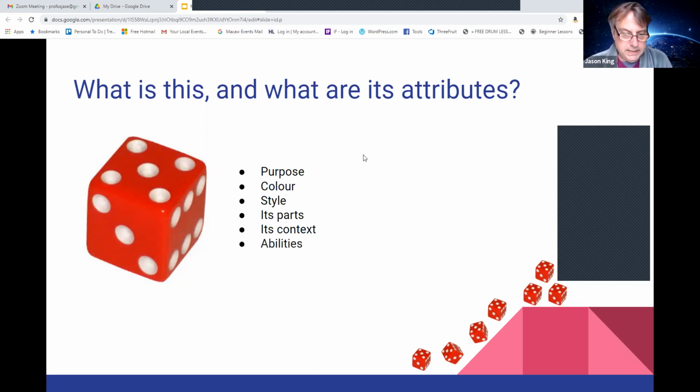What are its abilities? Well, Mike, I know you said you could roll it or throw it, didn't you? Or drop it. Effectively get it to generate a random number. There's another thing you can do with it as well, which is spin it. That's going to effectively do the same thing, but you can also just place it, can't you? You could place it on whichever side you wanted.